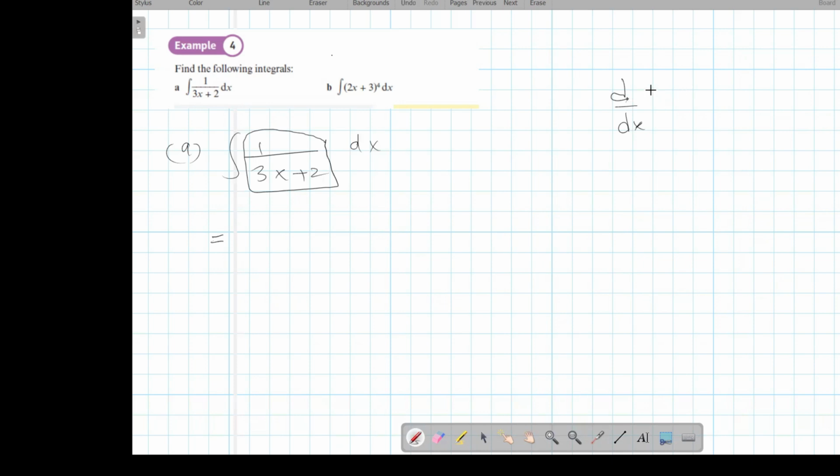So the derivative of log of x is 1 over x. But here we don't have 1 over x. We know the antiderivative of 1 over x is log of x, because the derivative of log of x is 1 over x, so the antiderivative of 1 over x should be log of x plus c.